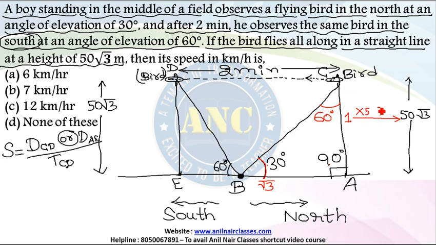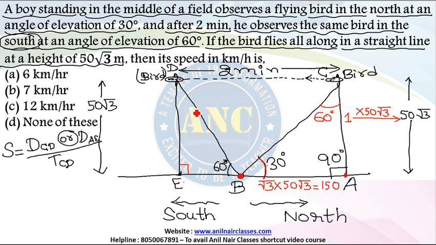So 1 should become 50 root 3. 1 into which number is 50 root 3? 1 into 50 root 3 is 150 root 3. So root 3 also multiplied by 50 root 3, so it is 50 into 3. BA distance is 150. The distance traveled from A to B is 150 meters, right? 150 meters. But I want the E to B value also. Let us find it. Do not worry.